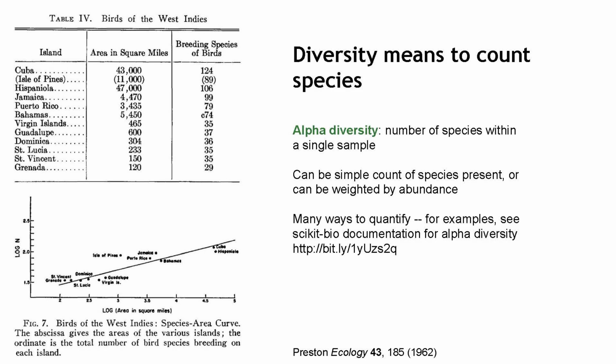This is the classic species area curve for birds. So when you have a larger island, the island can hold more types of birds, and when you have a tiny island, you can only have fewer types of birds on the tiny island. So classic result from ecology and an example of looking at richness and plotting that against some ecological gradient.